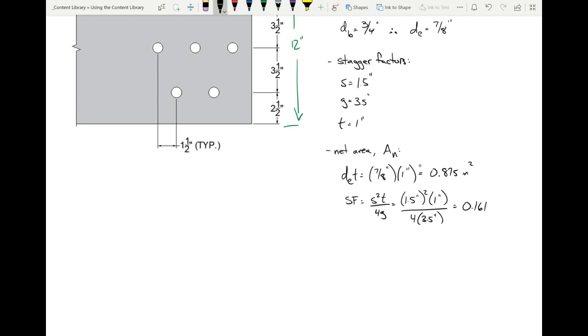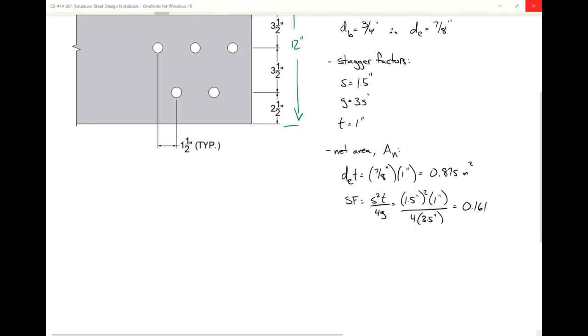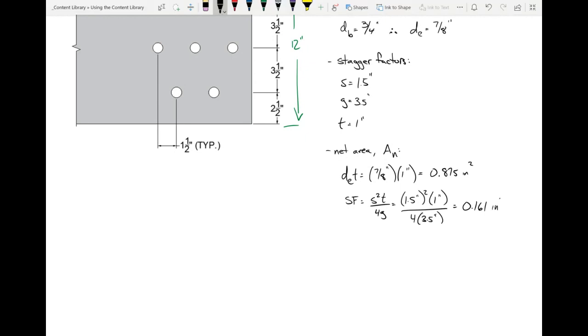There we go. And keep in mind, what are the units? There we go. So whenever we do a stagger factor, when you look it up in the spec, it's just S squared over 4G. We have to add that thickness so that it's in square inches. Okay, that's kind of important.